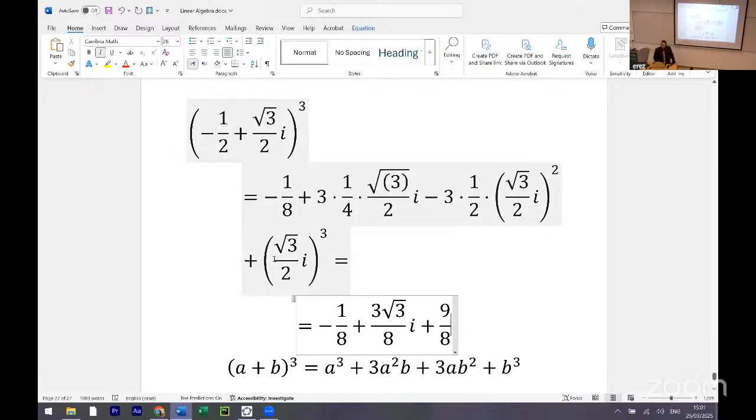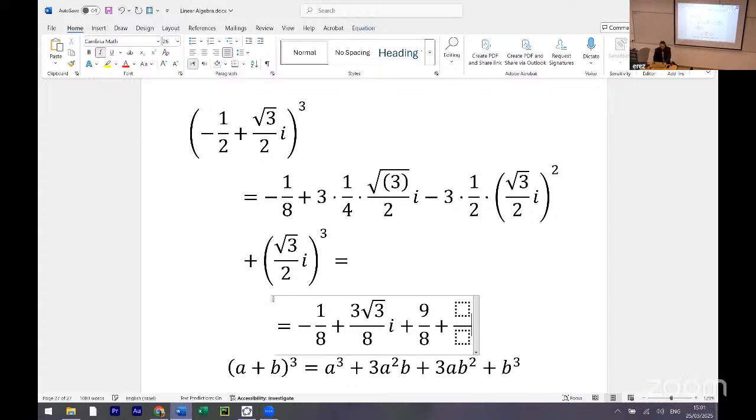Lastly, what is the square root of 3 cubed? Square root of 3, square root of 3, that's 3 times square root of 3. So it's plus 3 times the square root of 3 over 8 i cubed.